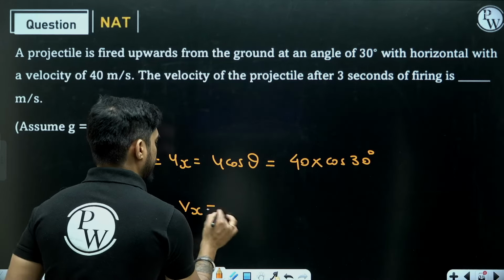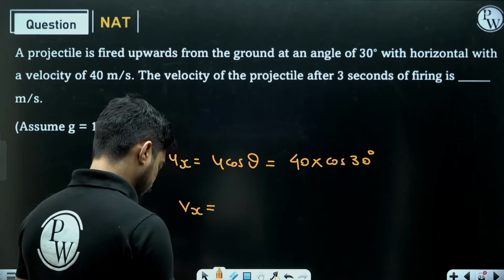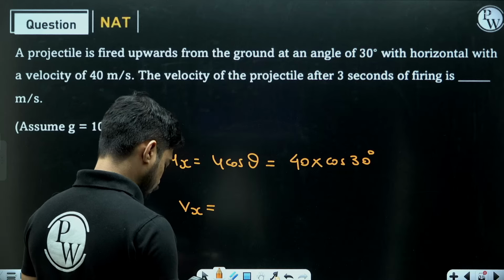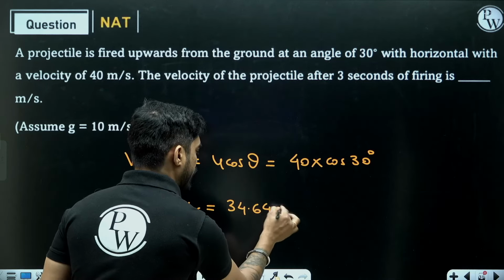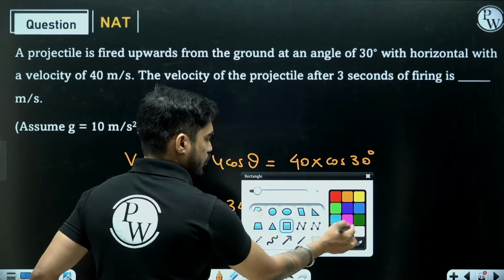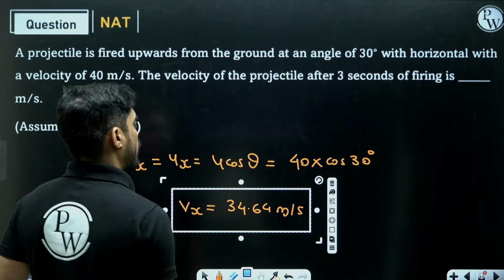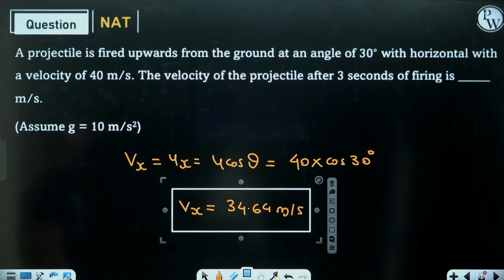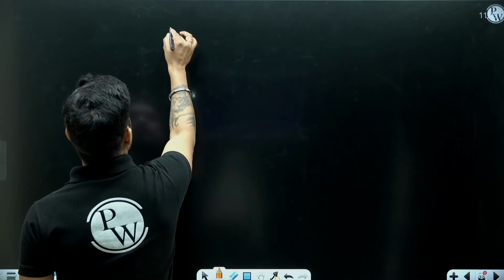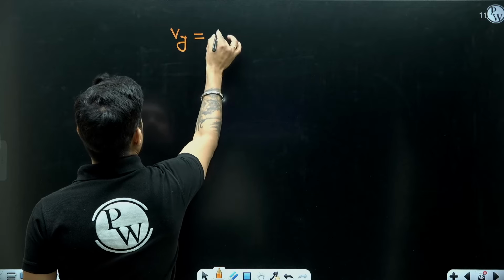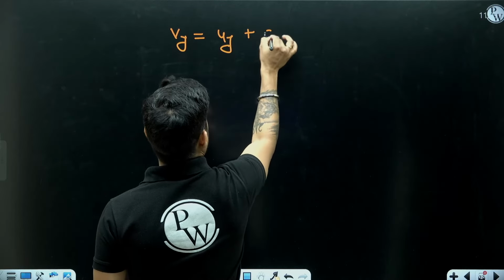So velocity in x will be 40 cos 30, which is 34.64 meter per second. So this we already know. But velocity in y, how do we find velocity in y? In order to do that, we will use this equation. We know the time, so we will use this equation.